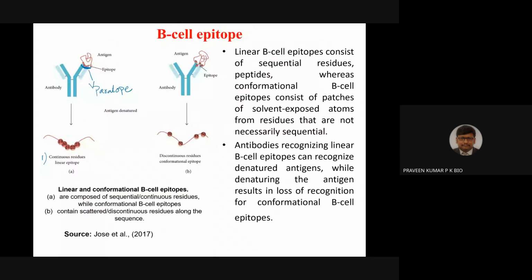So in this linear or continuous residues epitope, all the amino acid residues, say 19 to 23, are continuous, and we need just the sequence of the epitope and the structure of the protein to bind. But in this other epitope, we need the structure instead of the sequence. With the structure, a part of the peptide is going inside and so it is going to have a high affinity.